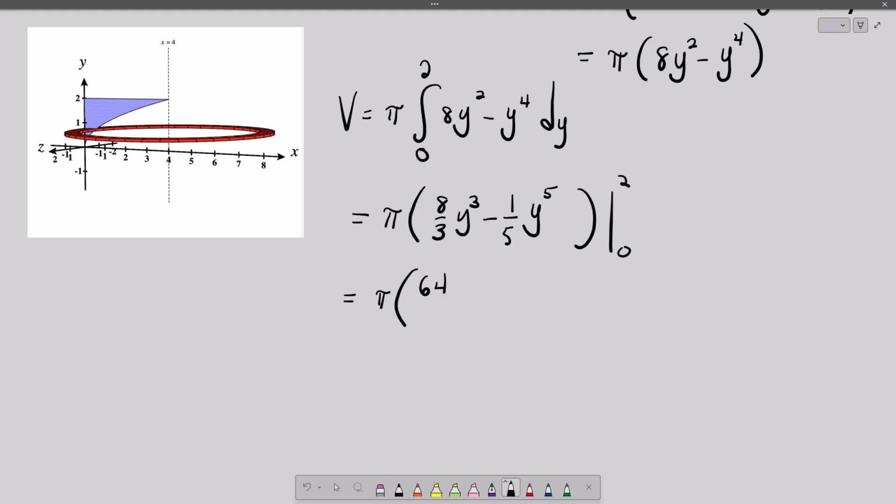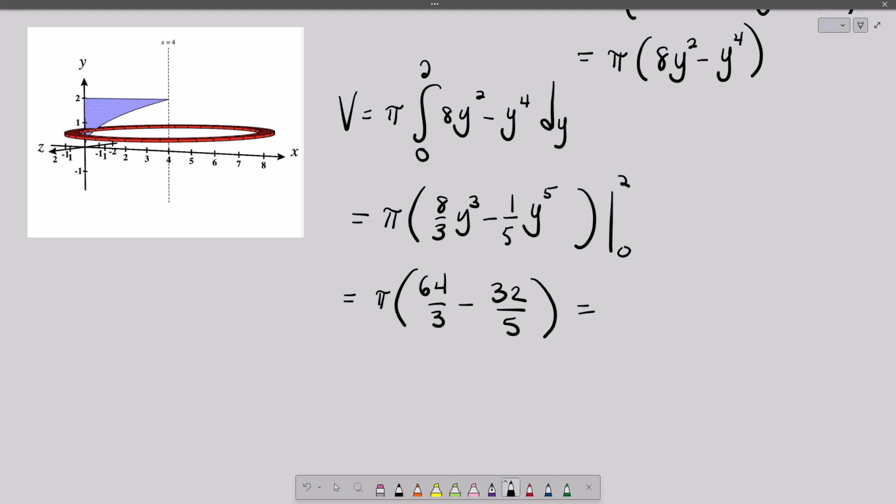So that'll be 64 over 3. Minus 2 to the 5th. No, 2 to the 5th is 32. 2 to the 4 is 16, one more 2 gives 32. Plug in 0 gives nothing. So we have that.